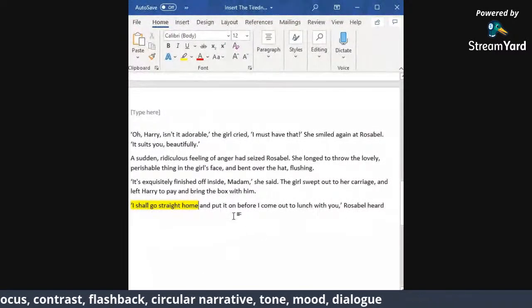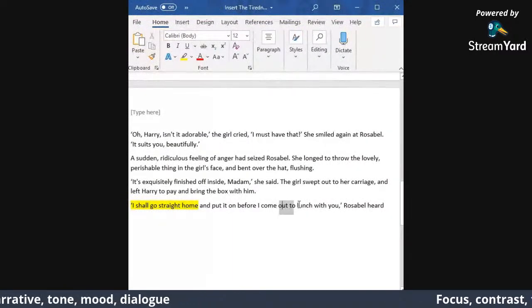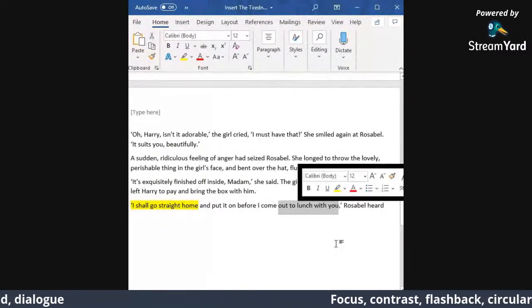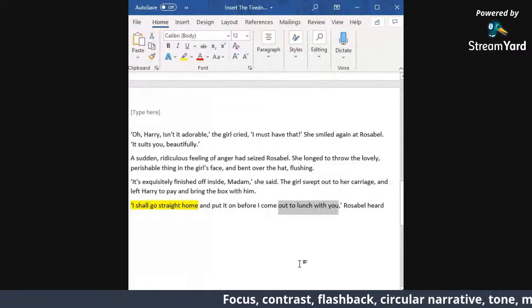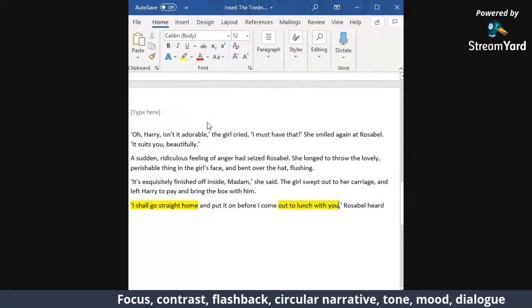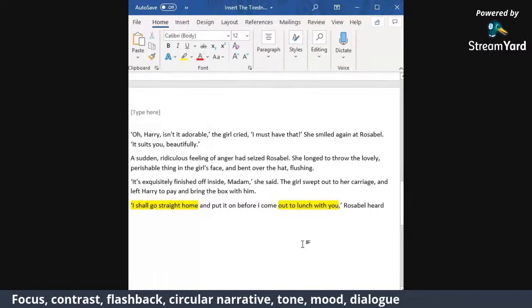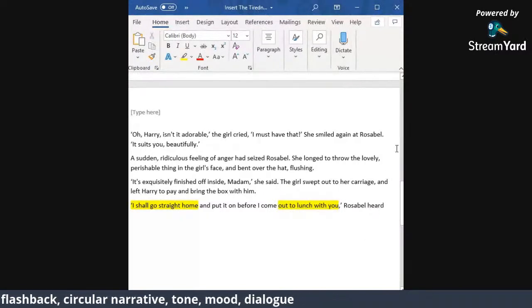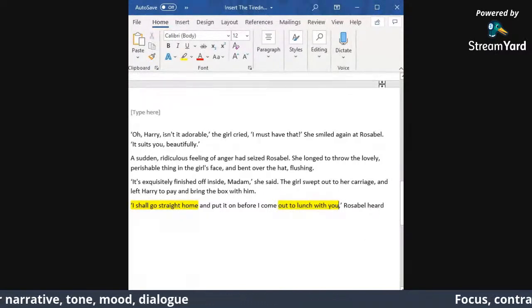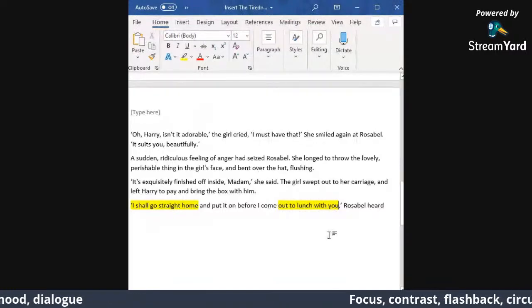And also the redhead girl is going to go out to lunch with the young man Harry, and obviously at the very start of the extract, we know that Rosabelle was going home and she was very hungry.